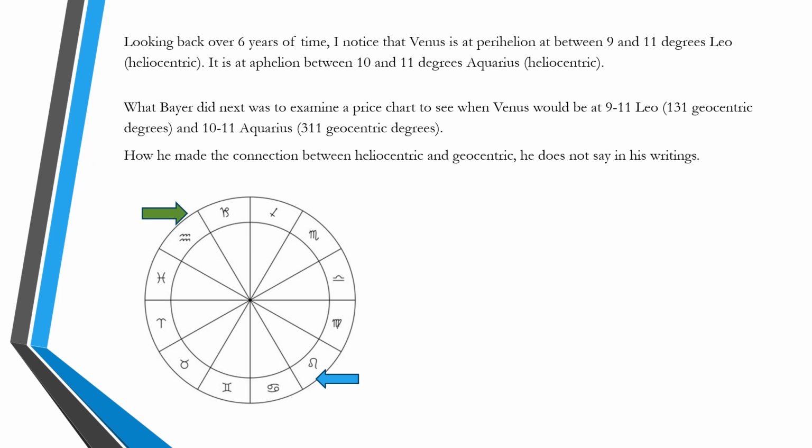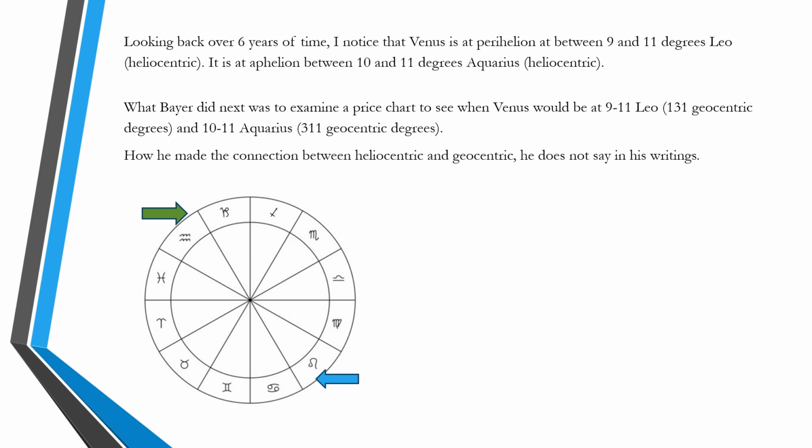So 9 to 11 of Leo, that is 131 degrees on the zodiac wheel. So Bayer said, okay, 131 heliocentric degrees, let's just call it 131 geocentric degrees. Same with the aphelion Aquarius point, that's 311 degrees. And Bayer said, okay, let's take 311 degrees heliocentric and we'll just call it 311 degrees geocentric.